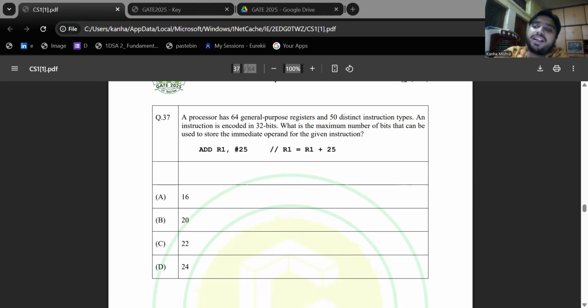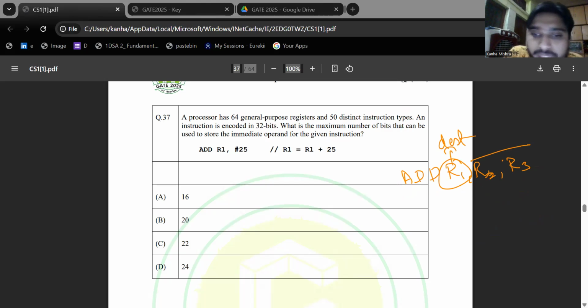Some instructions like add R1, R2, R3 would need 3 registers, 2 source and 1 destination. In add R1, R2, R3, R1 works as the destination register, and these are the two registers I'm adding, on which the operation is happening. So we need a total of 3 registers, two source registers and one destination register.